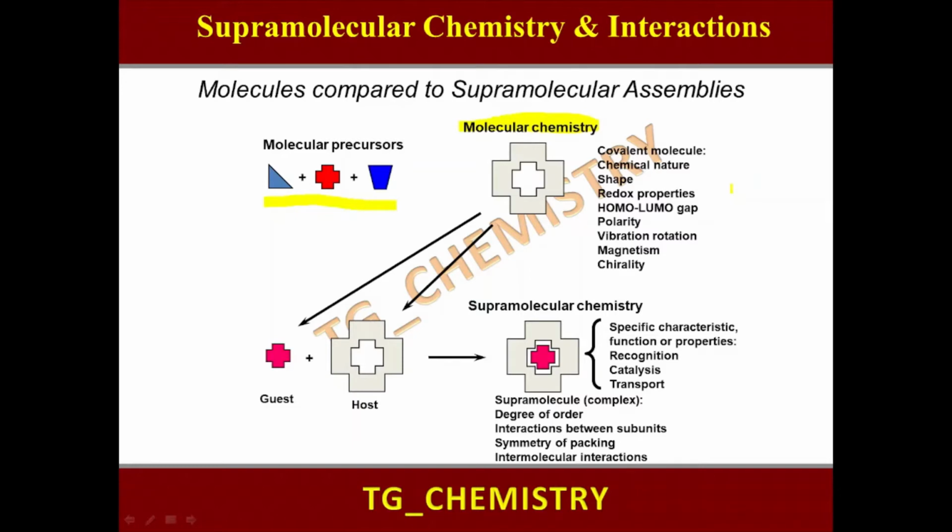And by means of supramolecular chemistry we can access such new properties which are absent when host and guest molecules are not combined together to form the supramolecular complex. So this is the beauty of supramolecular assemblies. And with this brief introduction, I will move to the next part of the supramolecular chemistry.